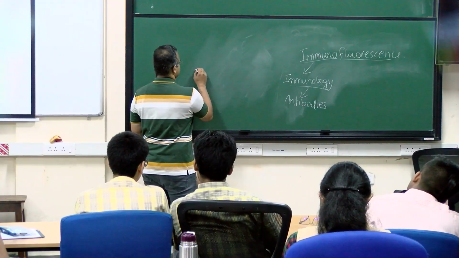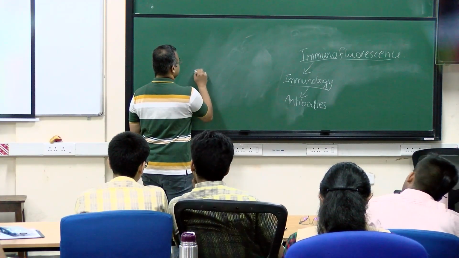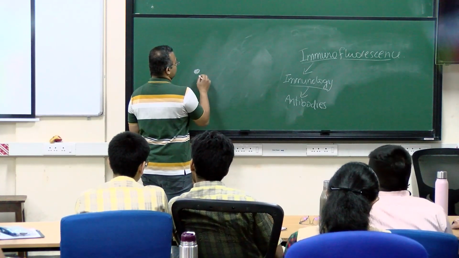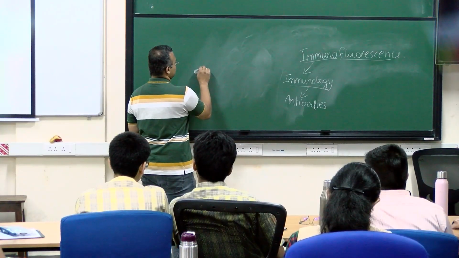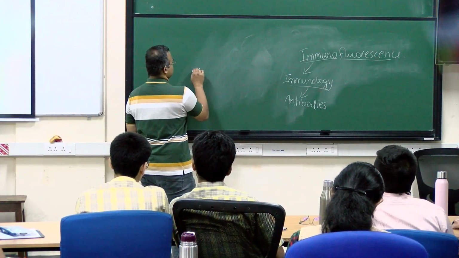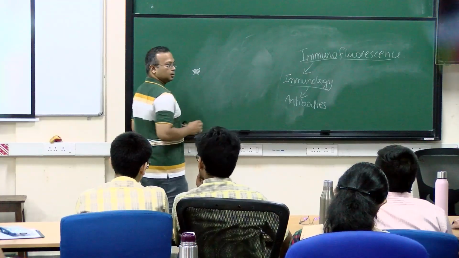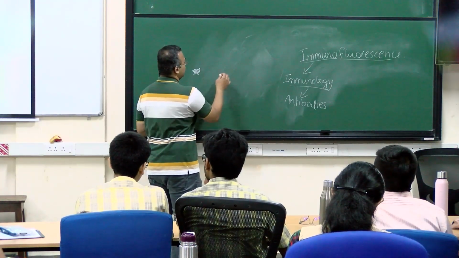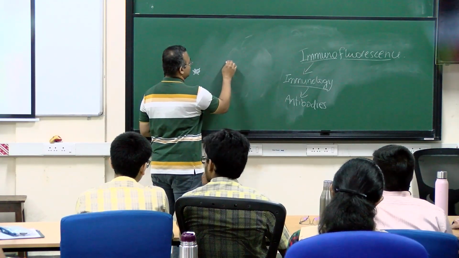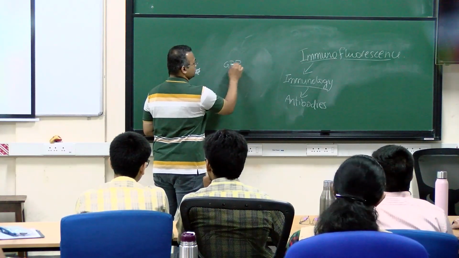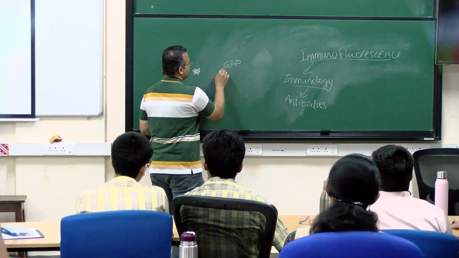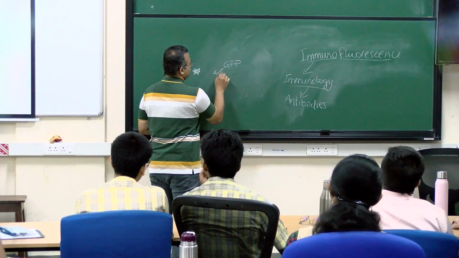So let's say this is my mitochondria. This mitochondria has certain proteins on its surface. Now what I will do is take, let's say, green fluorescent protein, and I will tag it to an antibody.